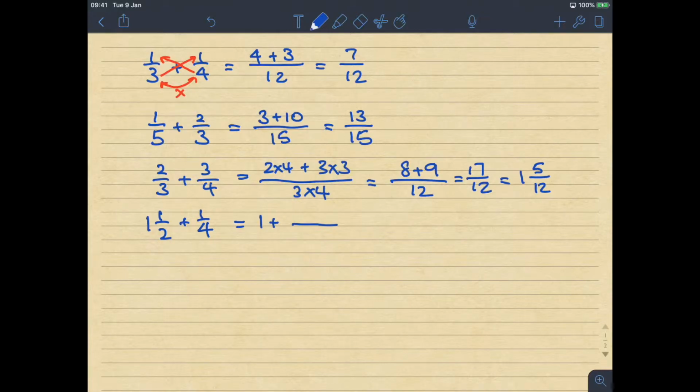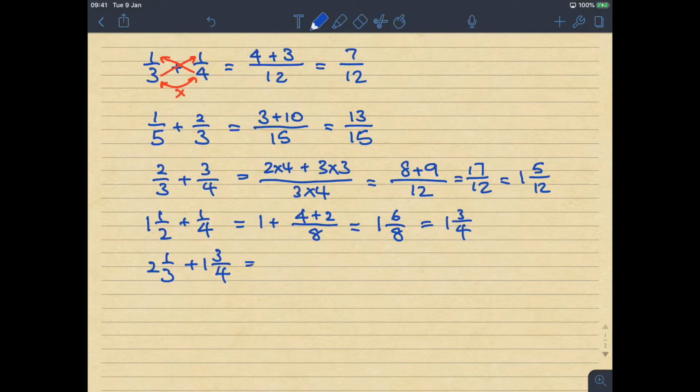Okay, so it's 2 times 4 at the bottom, and then 4 times 1, which is 4, plus 2 times 1, which is 2. Adding them together, we have 1 and 6/8. And for 6/8, we can simplify that to 1 and 3/4.